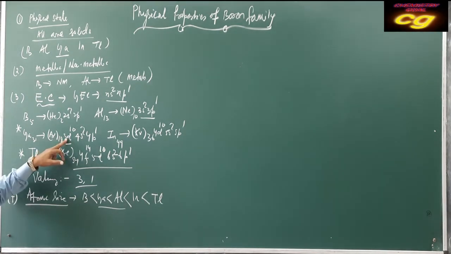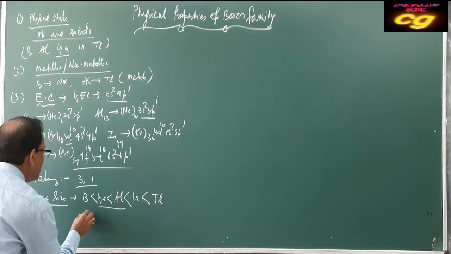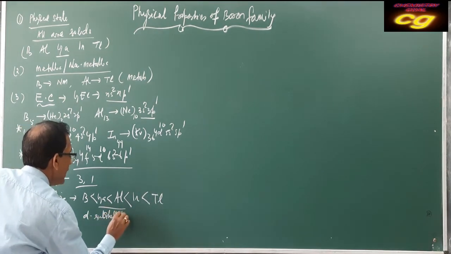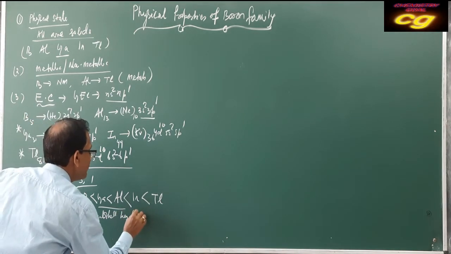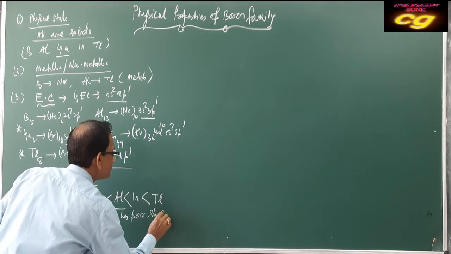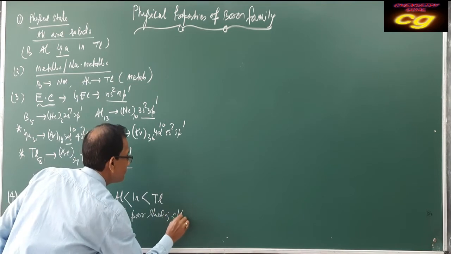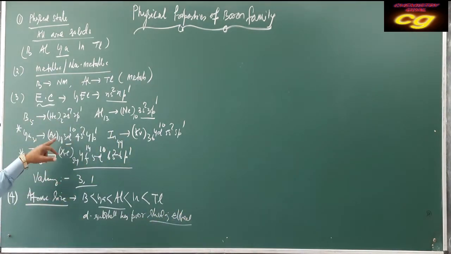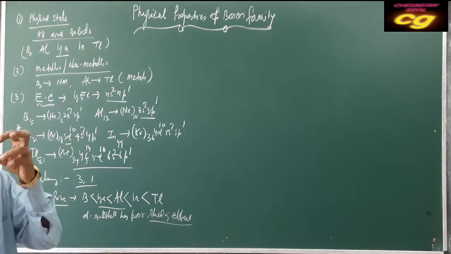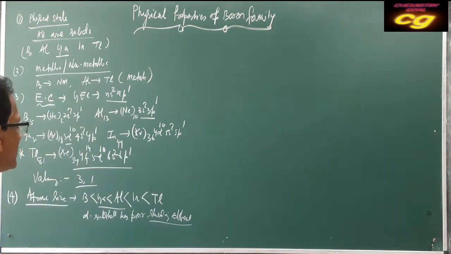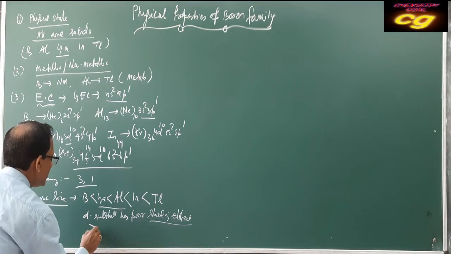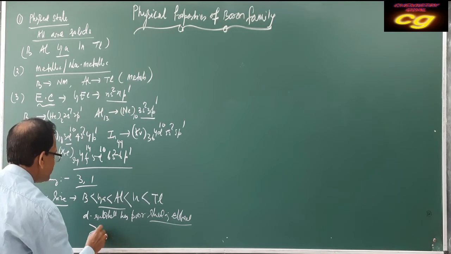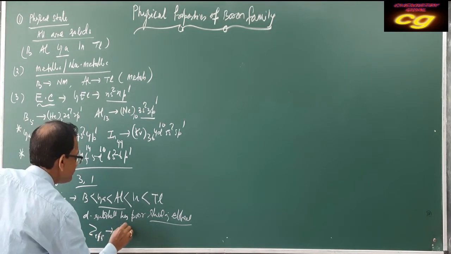The d subshell has poor shielding effect, so in gallium the effective nuclear charge, Z effective, increases.